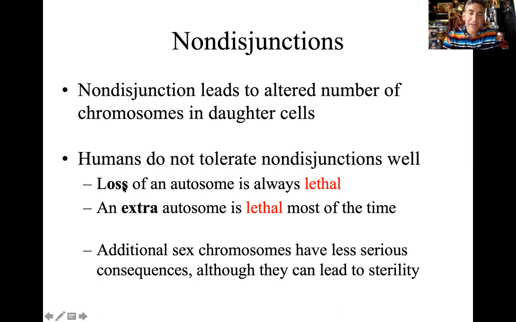If we have an extra autosome, so we inherited too many autosomes, we have enough instructions to form everything, but now there's an extra set of instructions that complicates or disrupts normal physiology. So an extra autosome is lethal most of the time. So normally it will cause also a miscarriage, but there's exceptions to that rule. Now, additional sex chromosomes have less serious consequences because they're not forming necessarily vital body components.